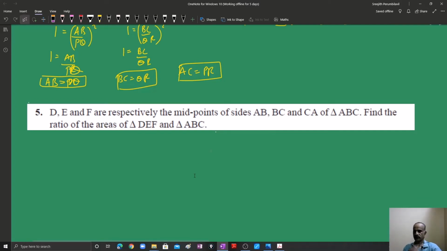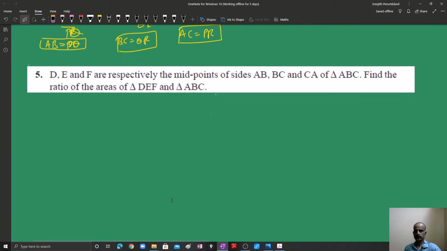D, E and F are respectively the midpoints of sides AB, BC and CA of a triangle. So there is a triangle. Name it as ABC.